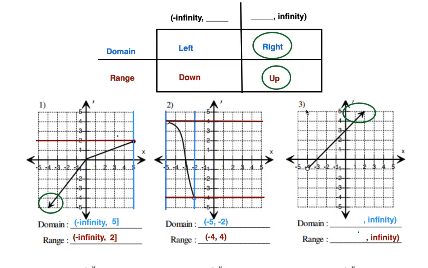The left side of my graph passes through negative 4 and an open circle, parentheses. The bottom of my graph passes through negative 1 and the parentheses. So here are our domain and ranges for the first 3 questions of set B.